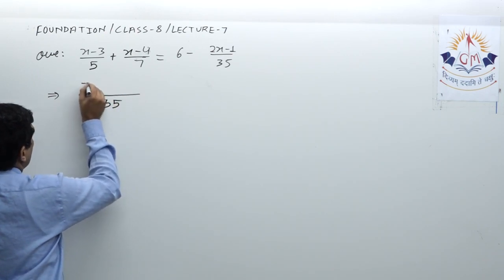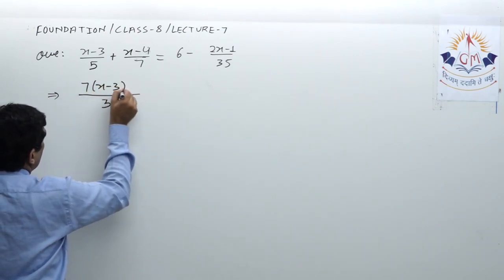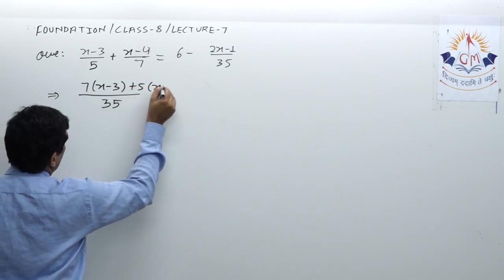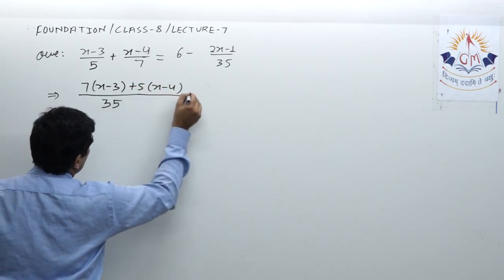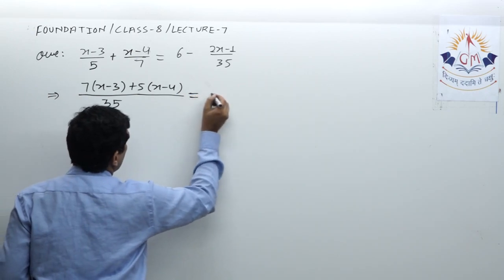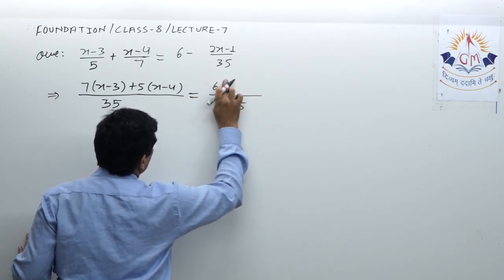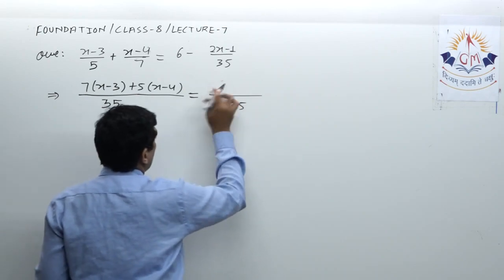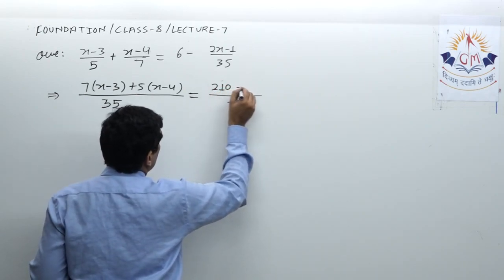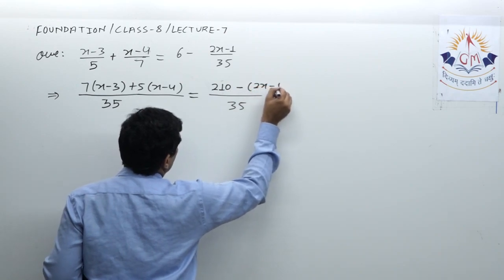Now 7x minus 3 plus 5x minus 4 is equal to, over here again the LCM is 35, 6 into 35, that is 210, minus 2x minus 1.